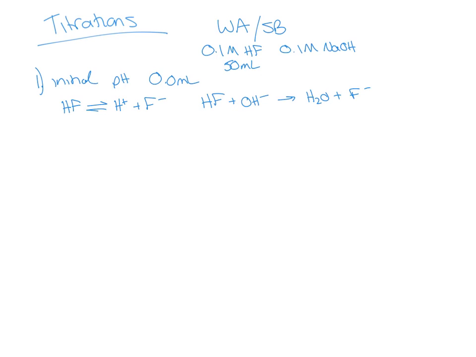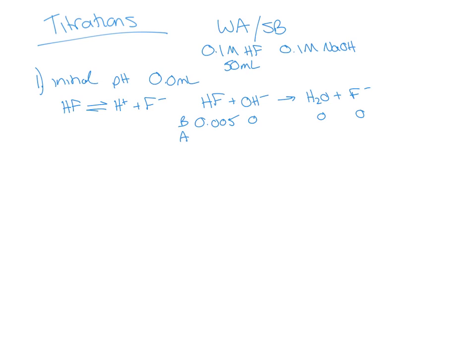So I have a certain number of moles of HF. To get the moles of HF, hopefully you can do this, it's going to be 0.1 times 0.05, and that gives me 0.005. But I have 0 of this, 0 and 0. So in the before and after chart, I have nothing to react. So all that's happening is that my HF is dissociating, but that hits an equilibrium, okay?